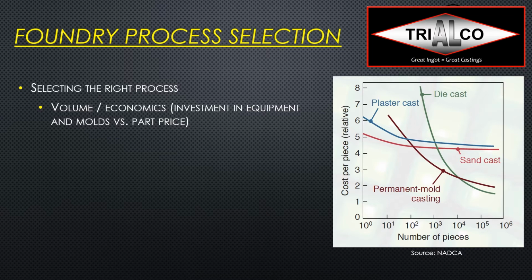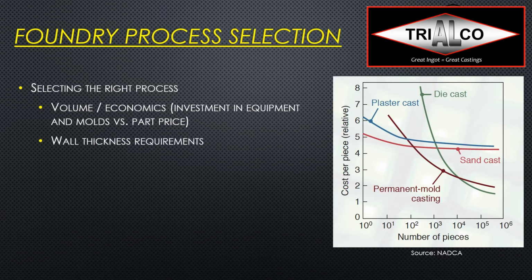This can be hundreds of thousands of dollars in casting and trimming dies, but then your piece price will be very low. The opposite, of course, sand casting, where you have a fraction of the investment just to make the patterns, but then your casting costs per piece will be much higher. So this process would be much more suitable for, let's say, making prototypes or small volume production, and die casting is only suitable for making very high volume production.